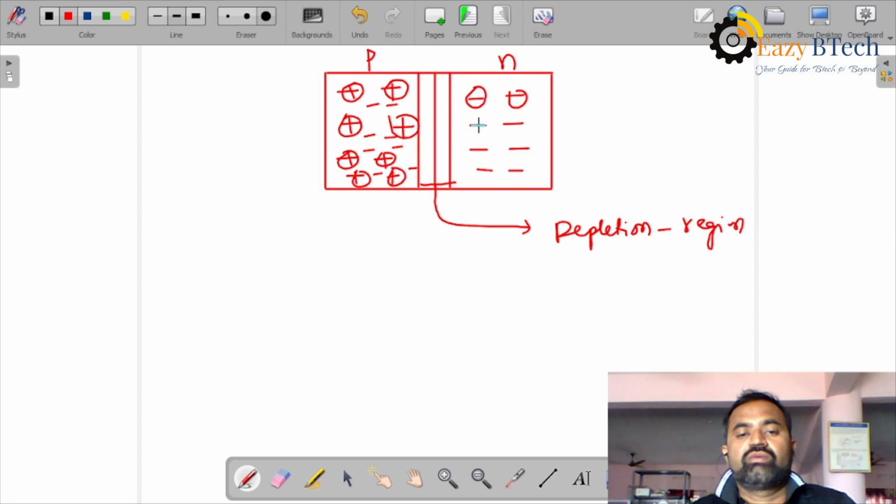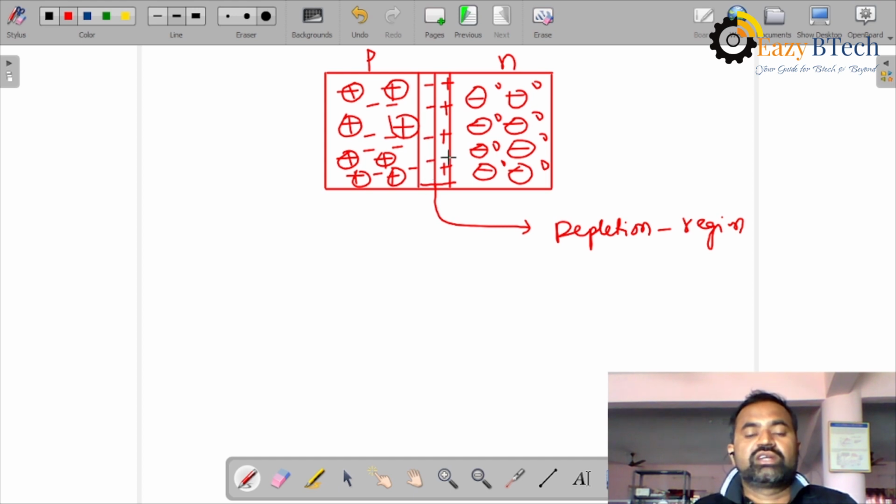Here we have majority charge carriers are electrons and positive donor ions. This is a depletion region. In this depletion region, what happens? It means under unbiased condition, this depletion region creates, and the voltage within the depletion region is 0.7 volts for silicon, 0.3 for germanium. Now you are biasing.